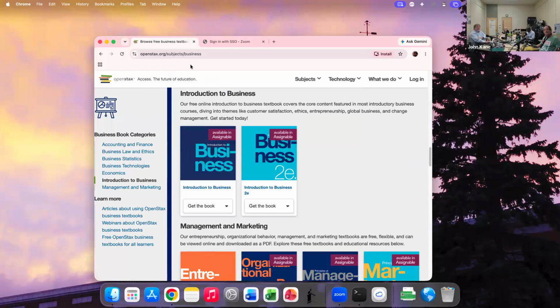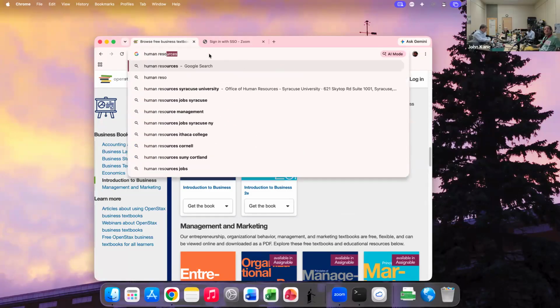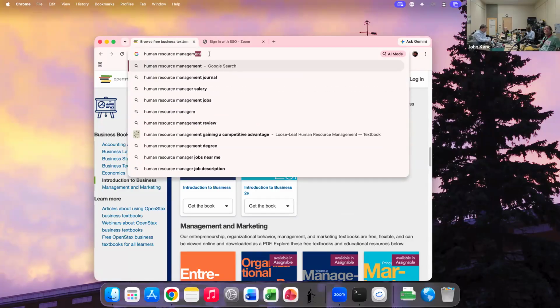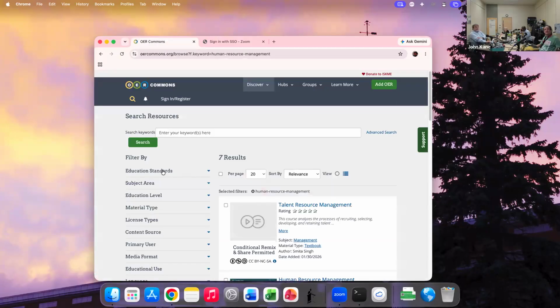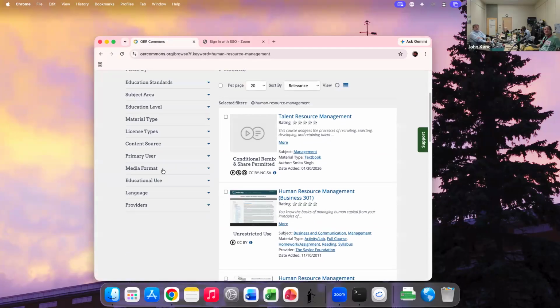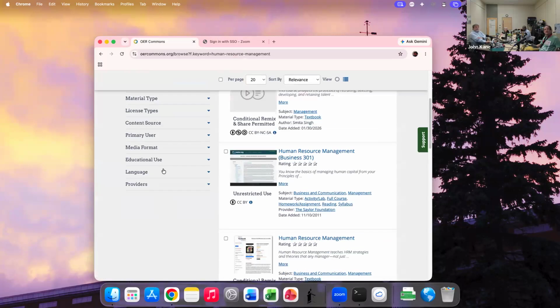Well, another way of doing it when all else fails is put in human resource management, OER, and let's just see what comes up. So there are. Here we go. Here's some resources, because there are more coming up all the time. Well, here's one: unrestricted use, CC BY, with just giving them credit.